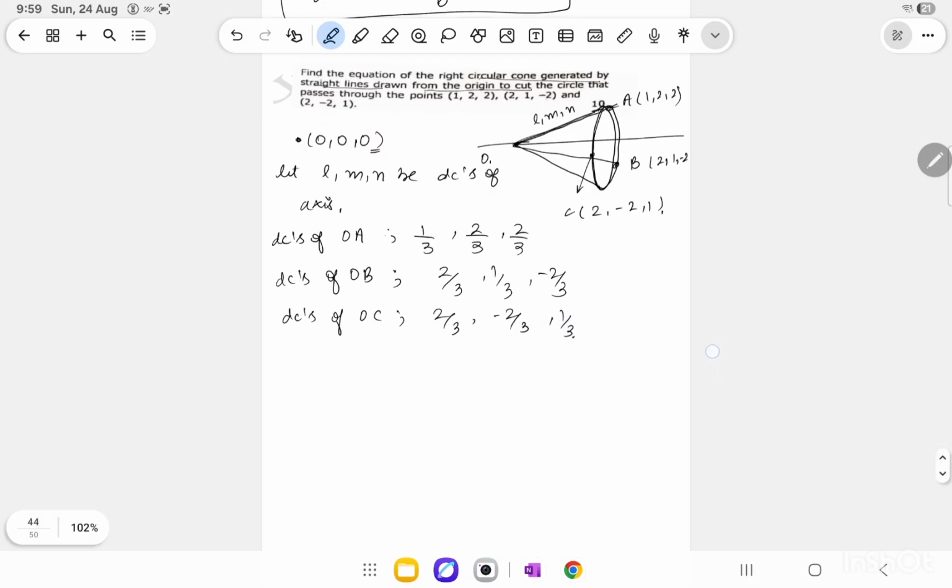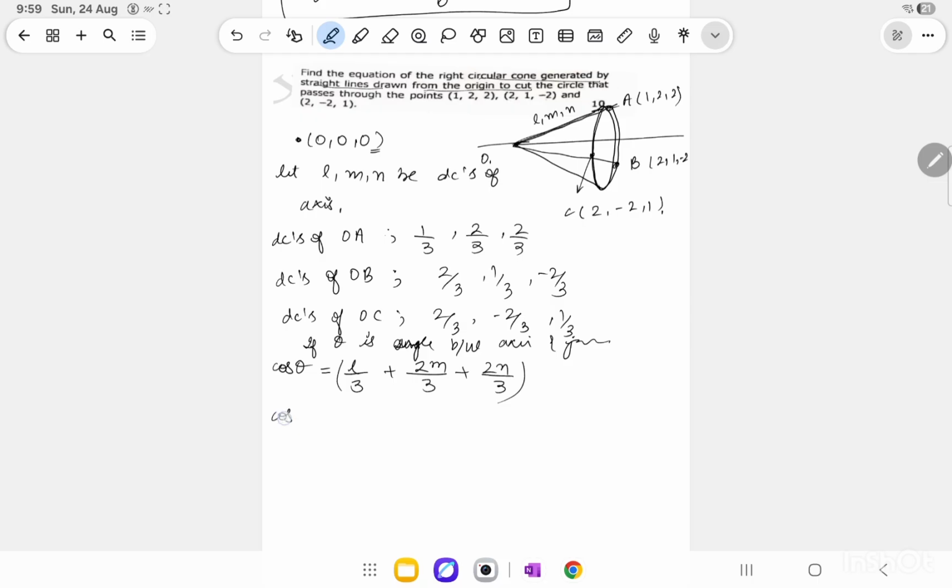Now I can use the formula for finding the angle between two lines. So if theta is the semi-vertical angle between the axis and the generator, then cos theta will be equal to l/3 + 2m/3 + 2n/3.